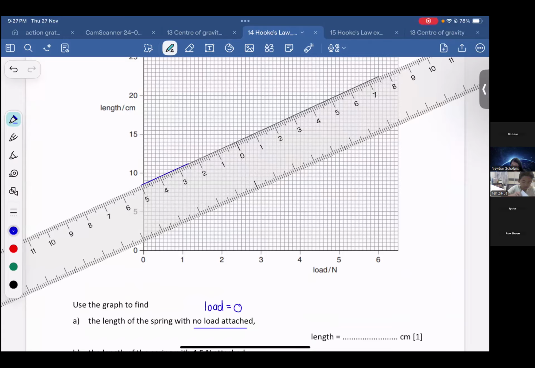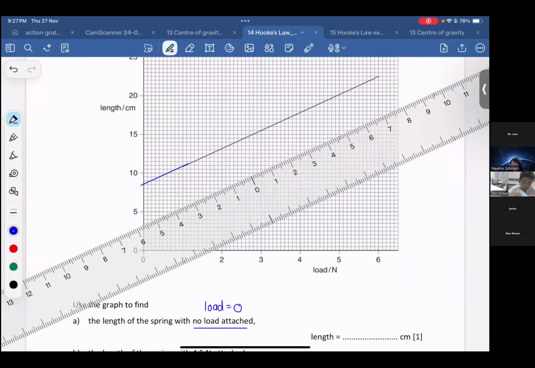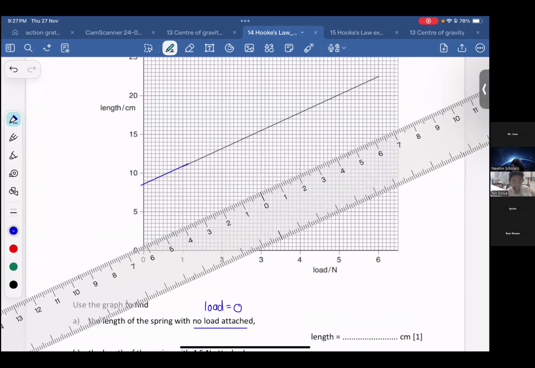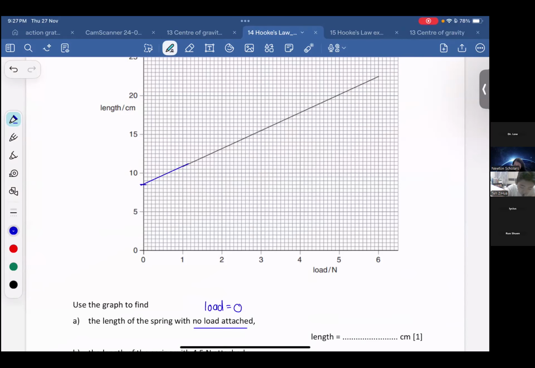Yeah, something like this. So what is this reading? This is 9. Here is 8. Call length when no load. Okay, this length is actually called the original length.